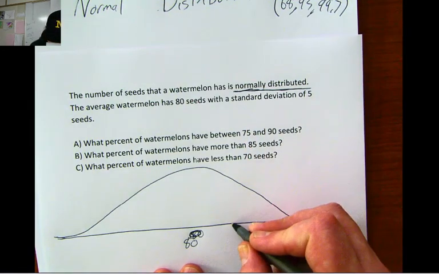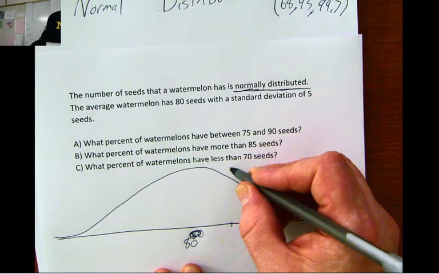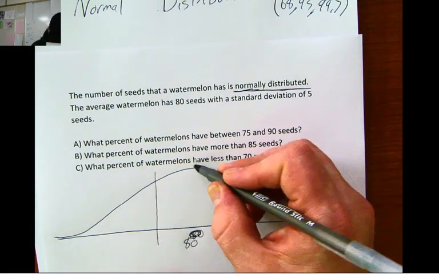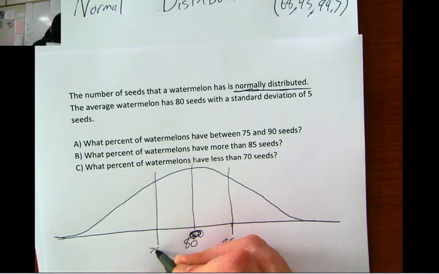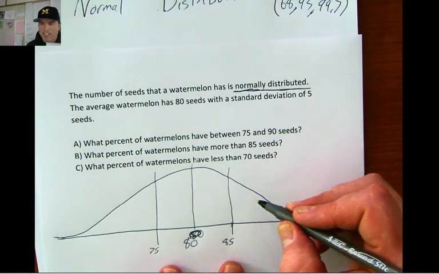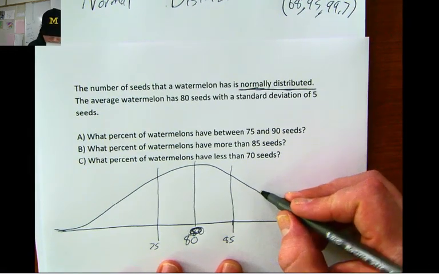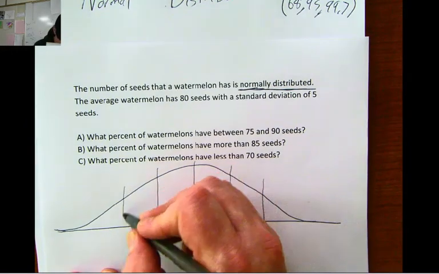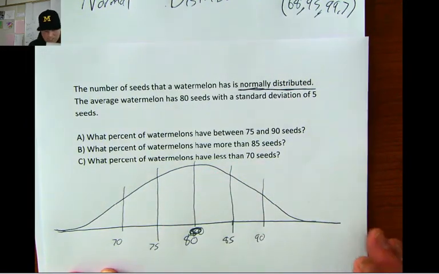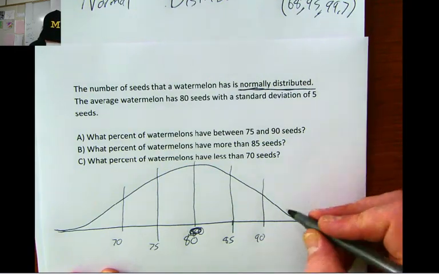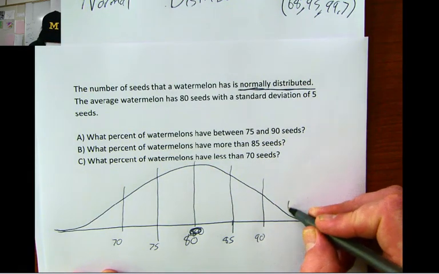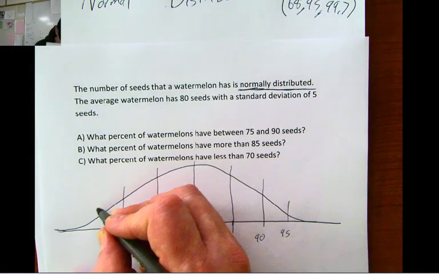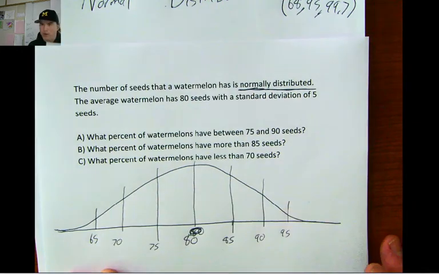That means that one standard deviation away is going to be 85 seeds in the positive and in the negative direction, so 75 seeds. If I stretch another standard deviation in the positive and negative direction, the second one would be 90, and over here would be 70. And we're talking watermelon seeds here. A third standard deviation is 95 in the positive direction and 65 in the negative direction.